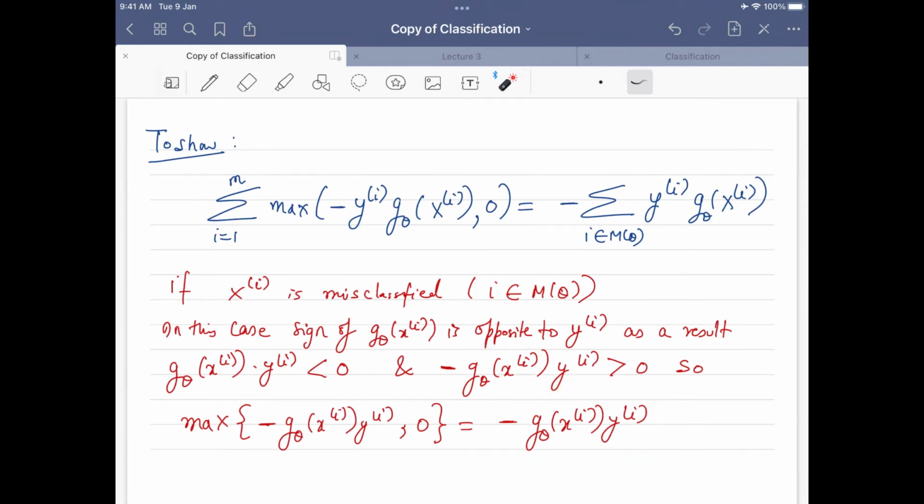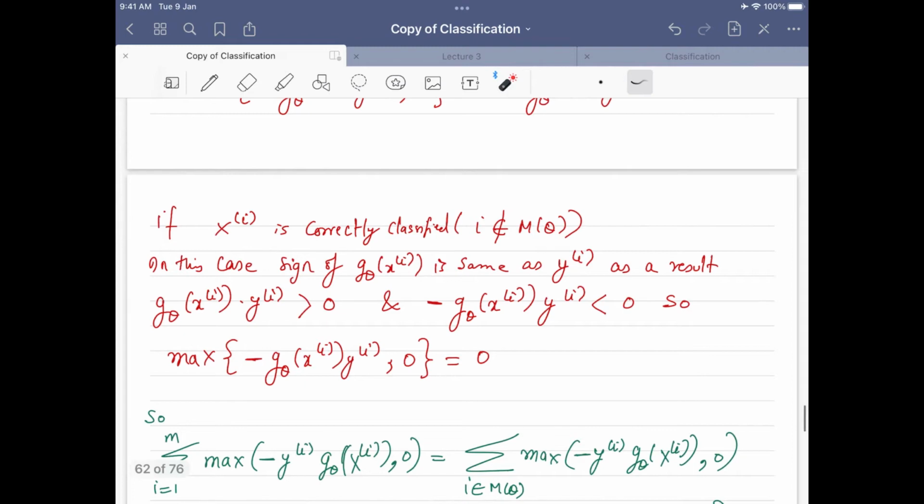And note that if xi is misclassified, your answer is this. And if xi is correctly classified, in that case, the hypothesis function will have the same value as yi. So if the value is the same, like this one is the same as this yi, then the multiplication of this with this will be greater than 0, because both of them will have the same polarity.